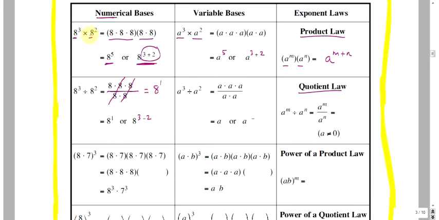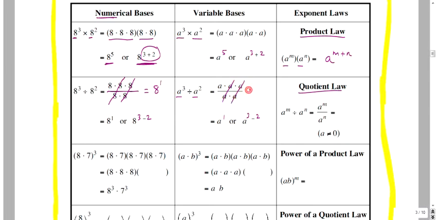So when you multiply, you add. When you divide, you subtract. Okay? Doesn't matter if it's 8s or A's or C's or Q's or elephants. Okay? When you divide, you subtract the exponents. A divided by A, it's gone.